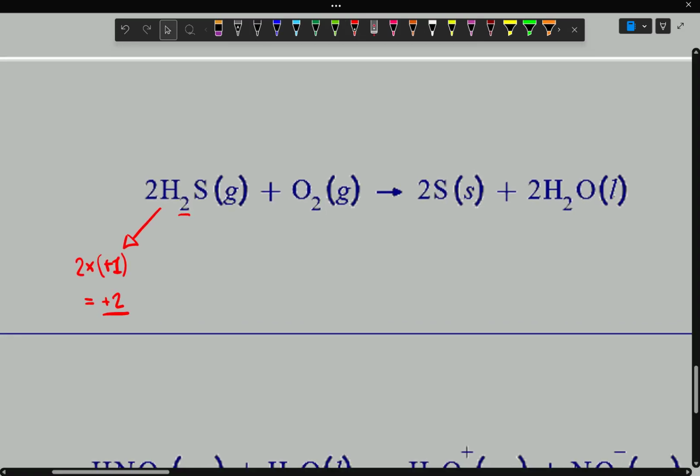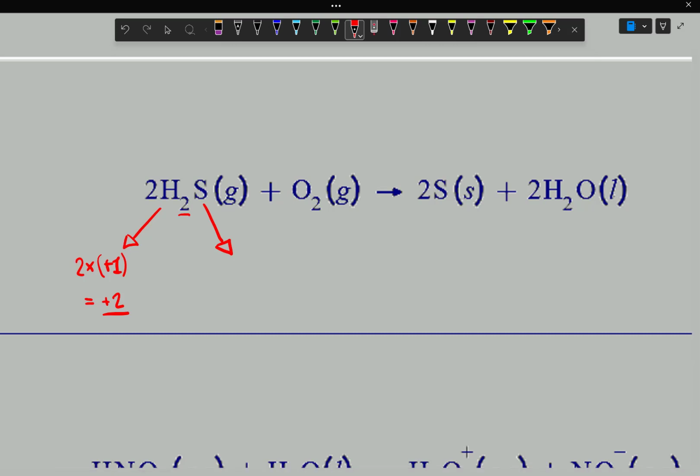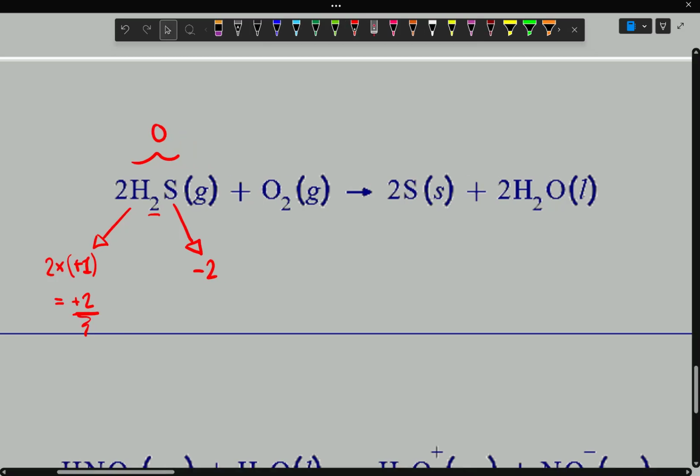We have a sulfur over here, and the sulfur has to balance out the charge so that this whole thing becomes neutral. So if we have a +2 charge for the hydrogen, then we know that our sulfur is going to have a -2 charge.